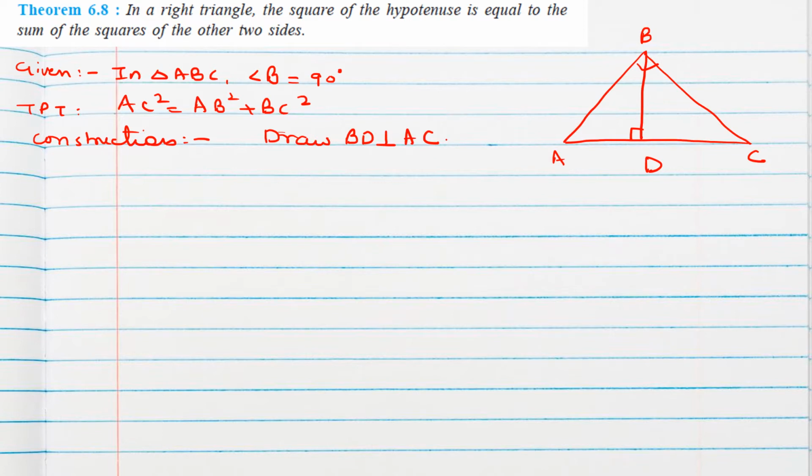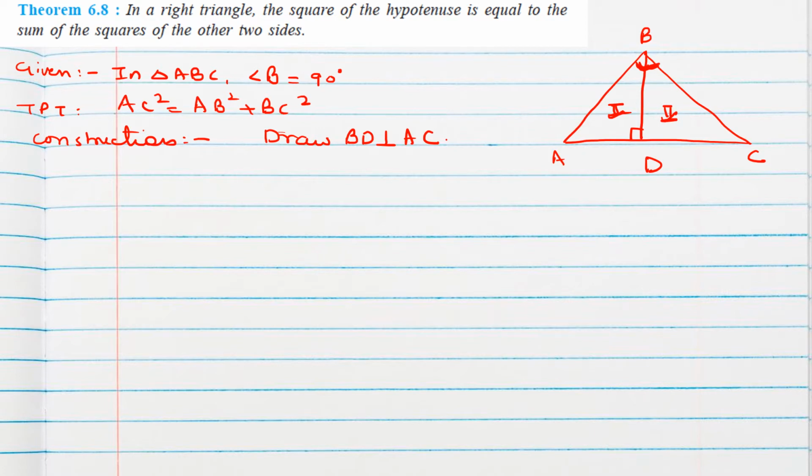Now one more theorem is there which we'll be using here to prove the Pythagoras theorem. Theorem 6.7 in your textbook says that if in a right angle triangle, a perpendicular is drawn from the right angle, that means from B to D, you can see here, this perpendicular divides the original triangle, that is triangle ABC, into two parts. This is first triangle, this is second triangle.